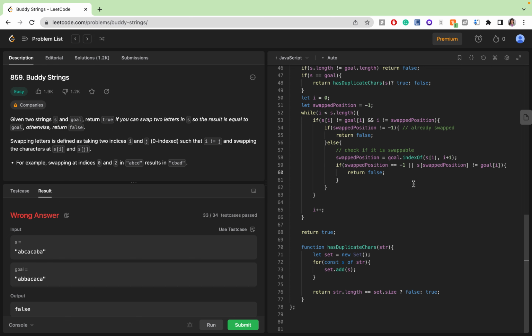Wait, mine it is about to be complete. Goal at index of Si comma a plus 1. I need to continue it.